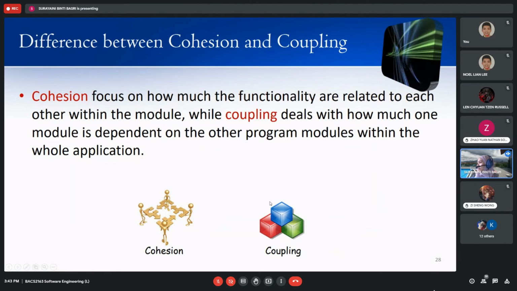For coupling, imagine you have more than one module, like here. Each of these is a module, and coupling is the measure of how dependent each module is on each other. But the best is that they must be loosely coupled, meaning each of these can stand on its own.